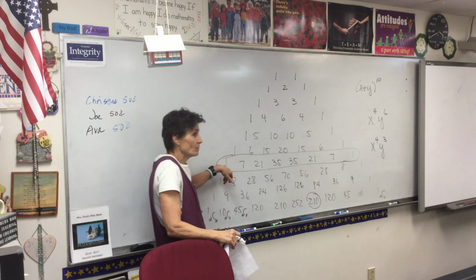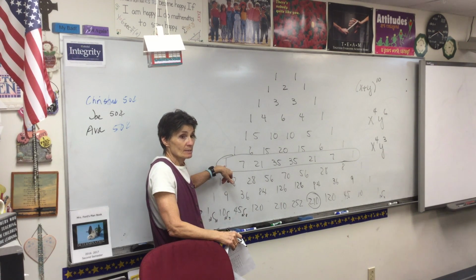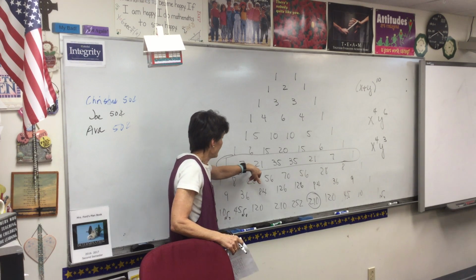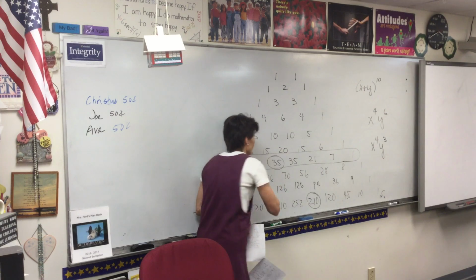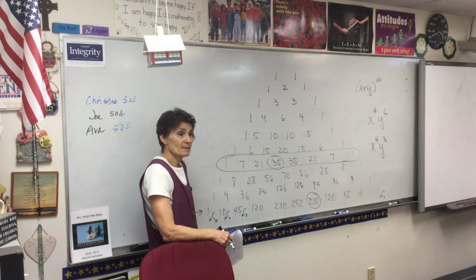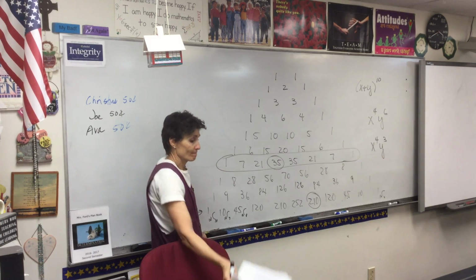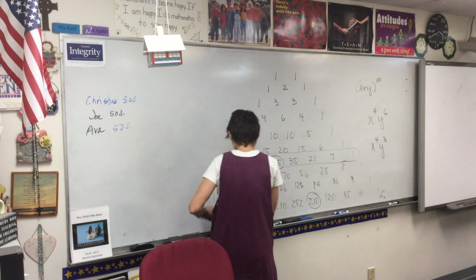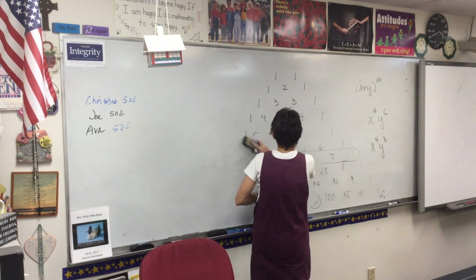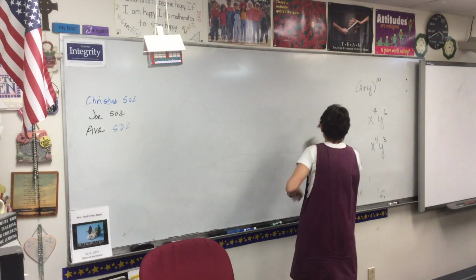So here, this would be x to the 7th, 35. x to the 6th, x to the 5th, x to the 4th. That's the one I want. Does that make sense to everybody? All right, now I'm going to erase it, and we're going to move on to the next problem.